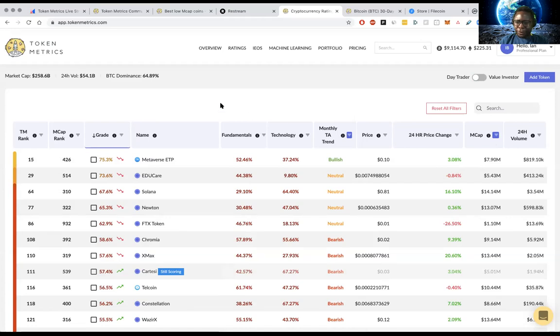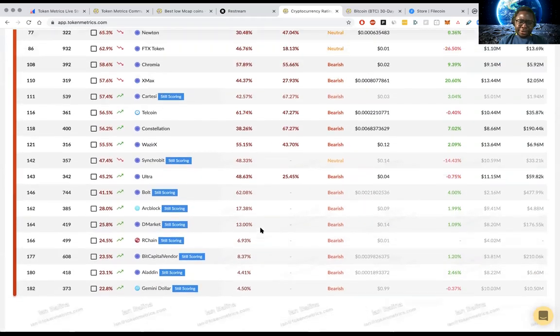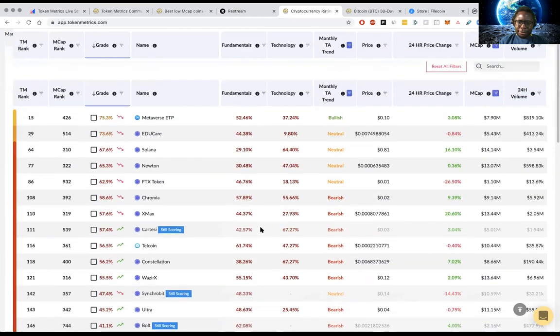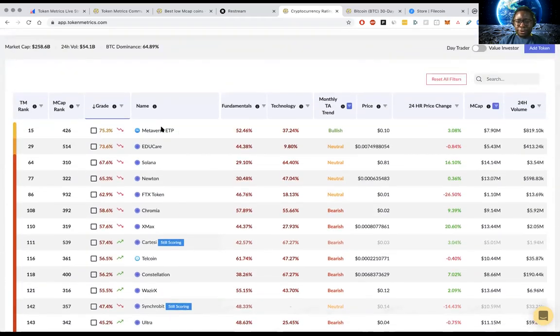Then some other coins I've not really heard of. Educare, Lana, Newton, FTX token. That's the futures exchange. Chromia, Cartesi, Telcoin. So these are definitely ones to look into, but all these are bearish. So nothing is really bullish at the moment, except at this point Metaverse. So Metaverse could be the trade.